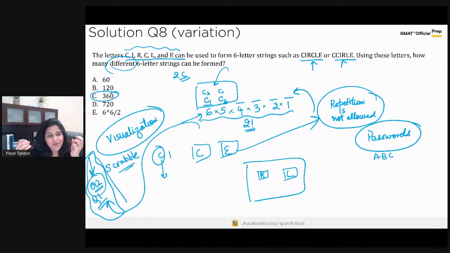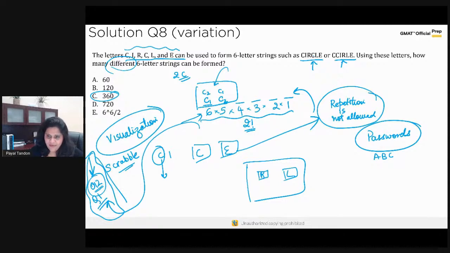But my goal was truly to tell you what you need to do in order to get to that level of understanding. I hope you understand. What I would strongly recommend is to go through the permutations and combinations concept files in the GMAT course. You will understand all of these things really very well.